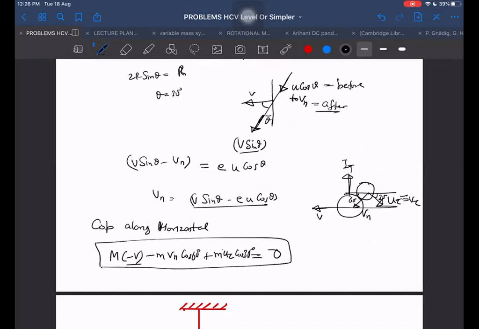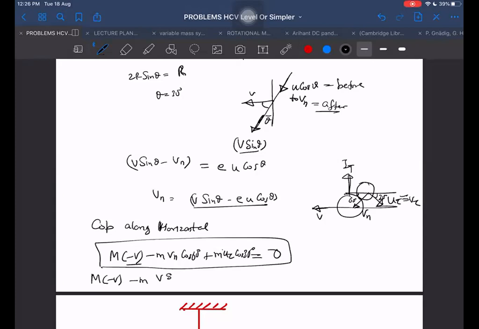Vn we can put from the above equation. What are we getting now? Now e is 1. So we can write it as m into minus V minus m into V sin theta.